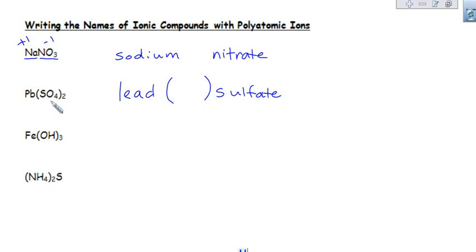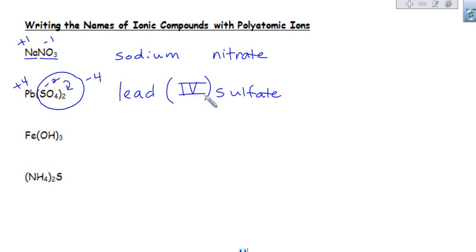The sulfate group is -2. In this compound, there are 2 groups of sulfate. So on the back end, I have a total charge of -4. I only have 1 atom of lead, so the lead must be +4 to make the compound neutral.